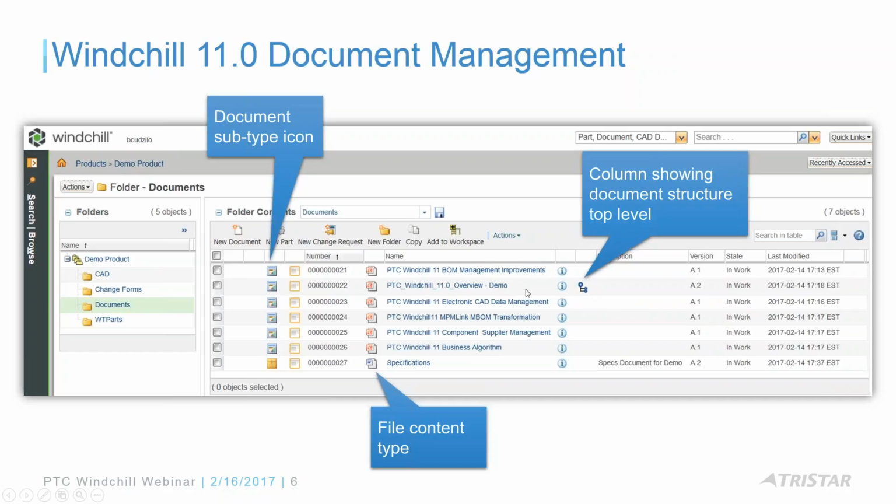You can associate documents to a master document, and Windchill is going to give you a little icon in the table showing what the top document is that's controlling a package or a structure. If I click on that little icon, that column showing the document structure, it's going to take me to that actual document hierarchy, so I can see what those related documents are in Windchill.